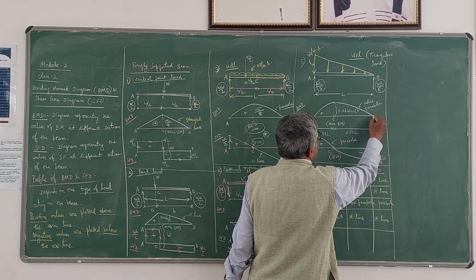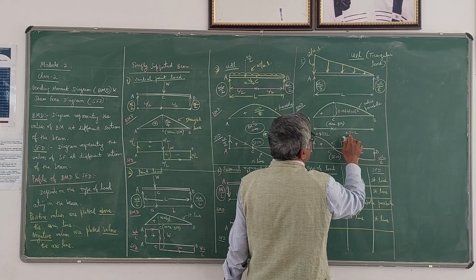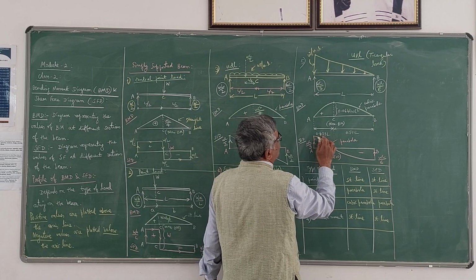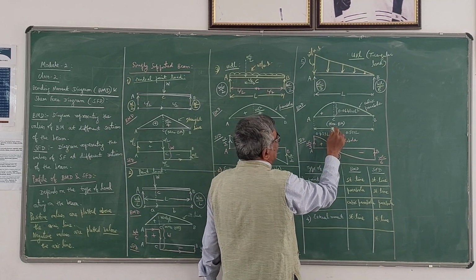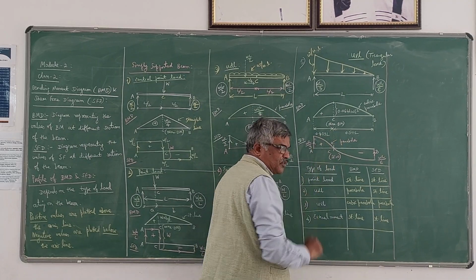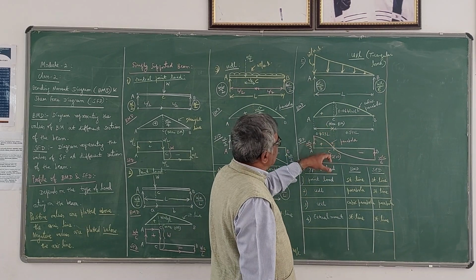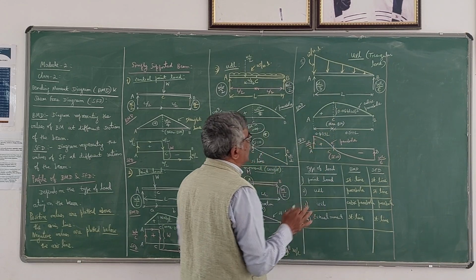That means from the 0 edge it is 0.577 L, from the maximum intensity edge it is 0.423 L. At that point you will get shear force 0. So where shear force is 0, you have the maximum bending moment, that is at C. And the values I have given here.